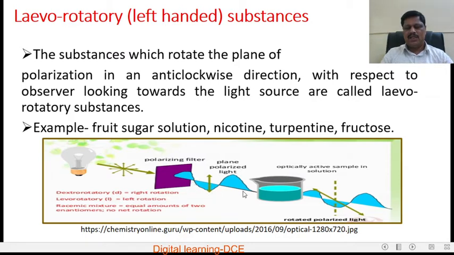When this plane polarized light is passed through an optically active solution, that means a levorotatory solution like fruit sugar solution or nicotine or turpentine, this levorotatory substance rotates the plane of vibration in the anti-clockwise direction, or towards the left of the observer by looking against the source. So these substances are called levorotatory substances.